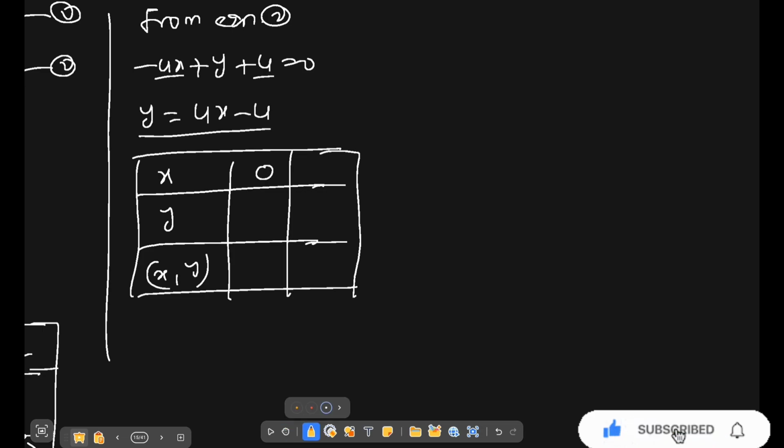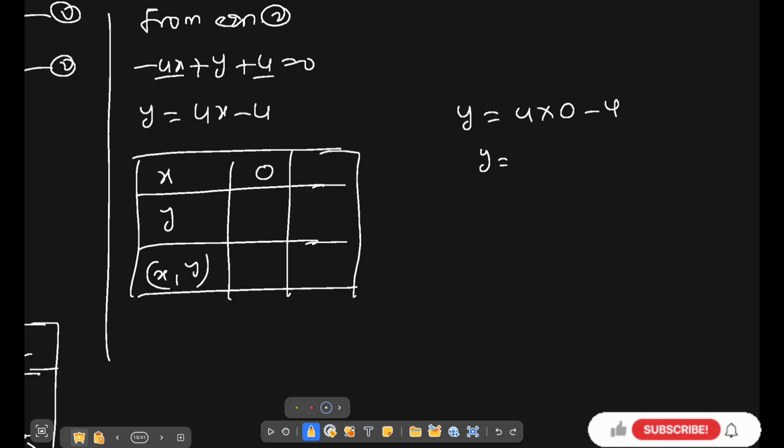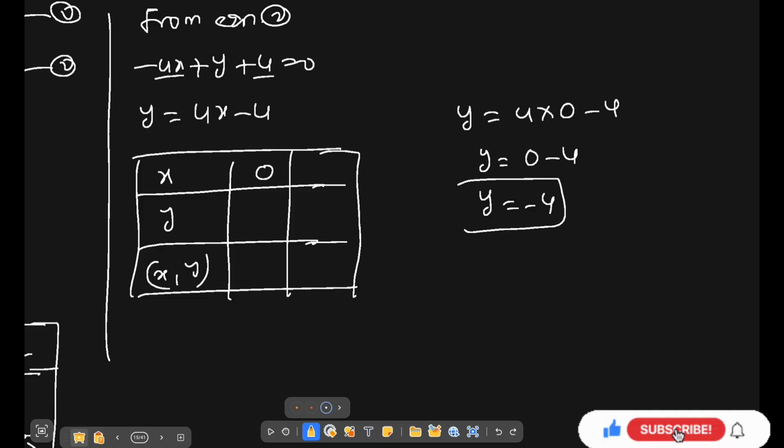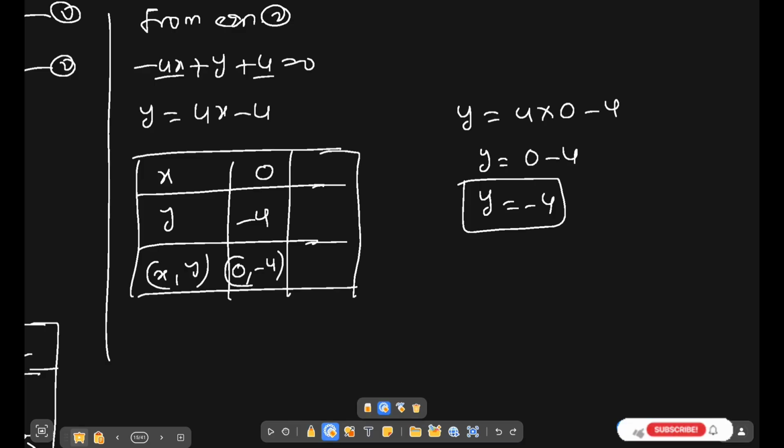From here, what can you write? y is equal to 4x minus 4, means 4 into 0 minus 4. So y is equal to 4 into 0, 0 minus 4. So y is equal to minus 4. The plotting point will be 0 comma minus 4.